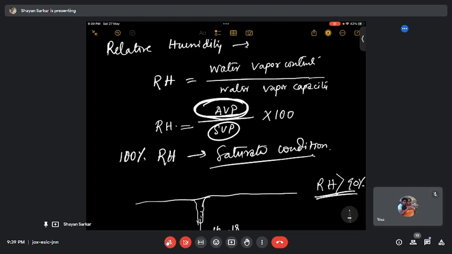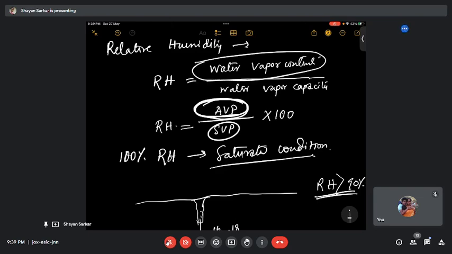Okay, so think about the condition. Water vapor is constant. We are not disturbing the amount of water vapor content.